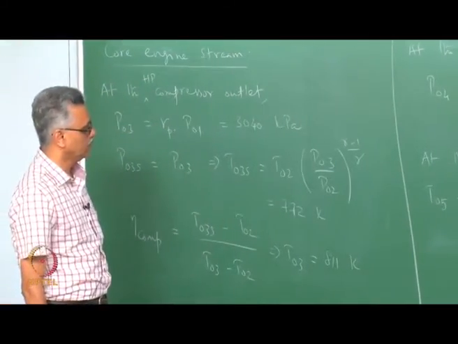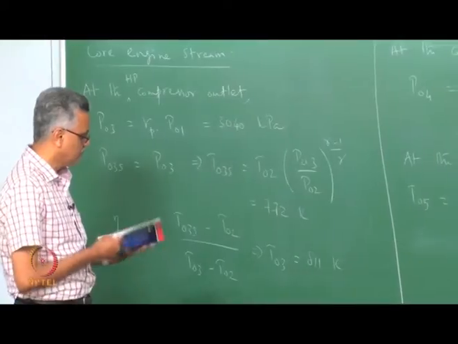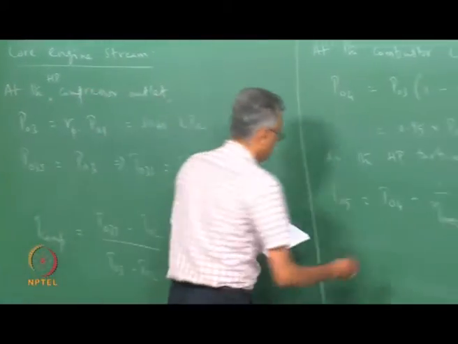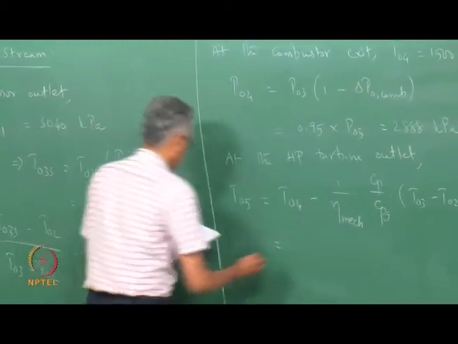So, I know all the quantities on the right hand side. If I substitute the values, I get T05 to be 1065 Kelvin.